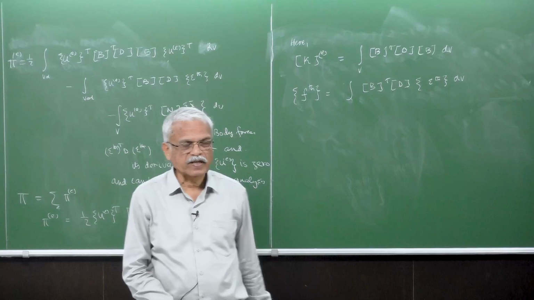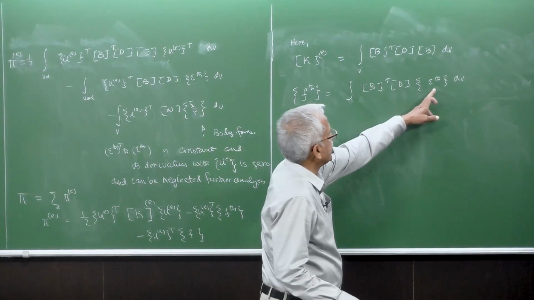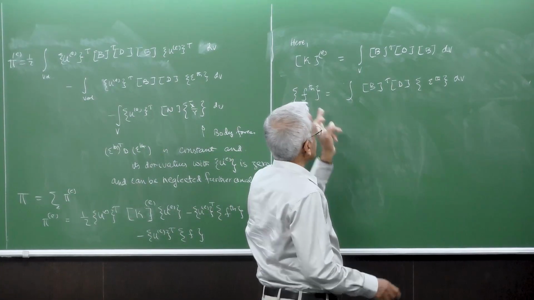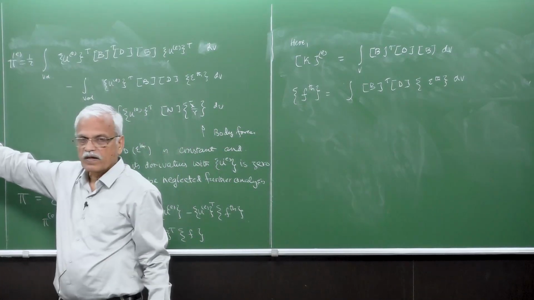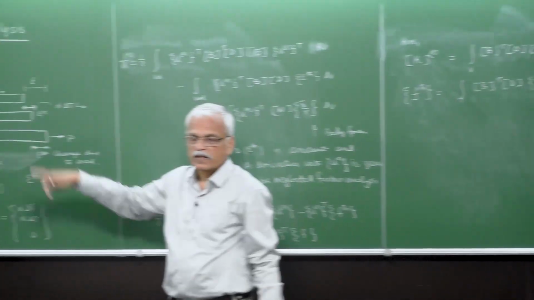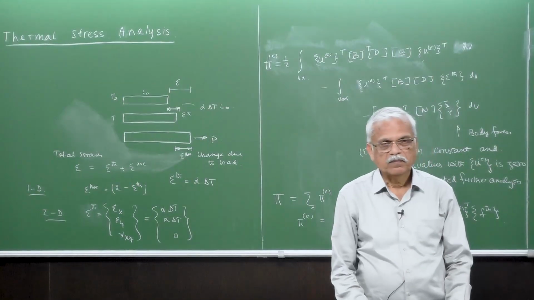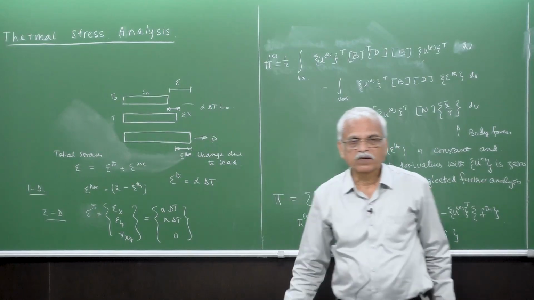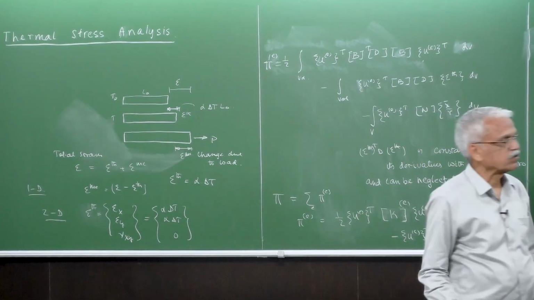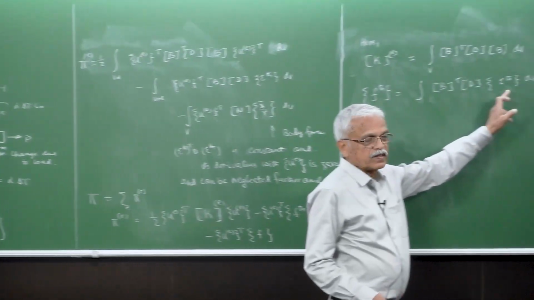So the thermal expansion now is converted into an equivalent load. So here you have a thermal expansion, and you can even convert that into a load. What should be the load that needs to be applied to get that kind of epsilon thermal? So that's what we are doing here.